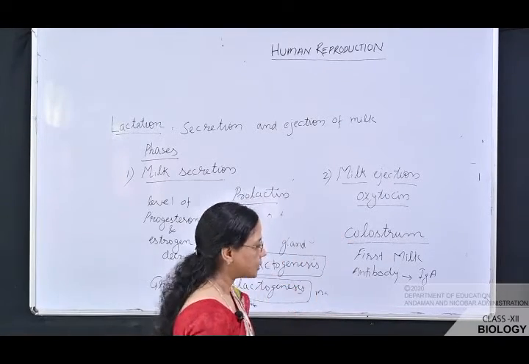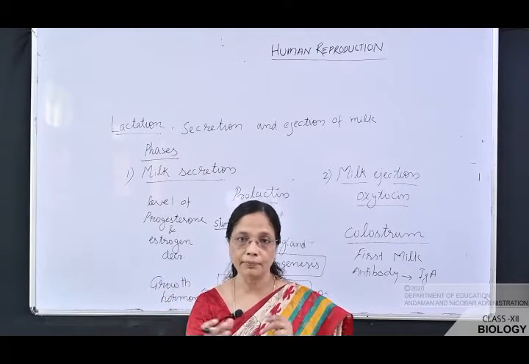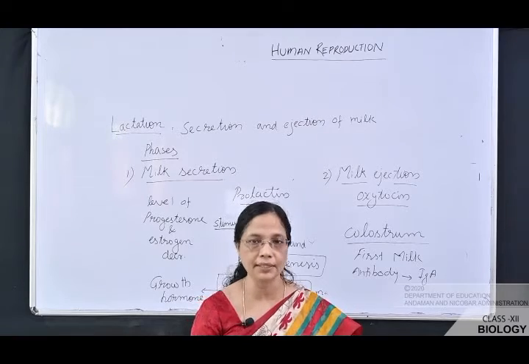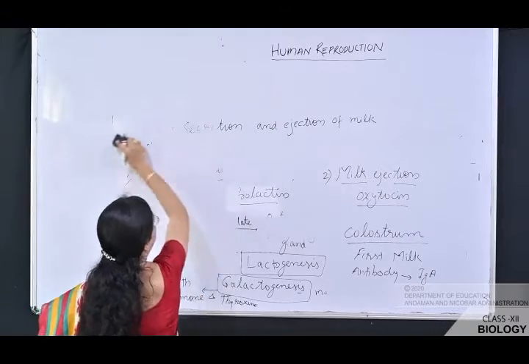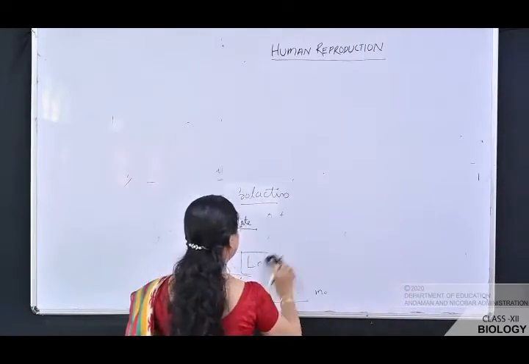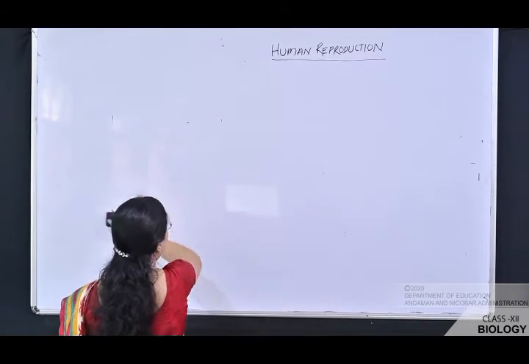Okay, next, how is the sex of the baby determined? Who is responsible for determining the sex of the baby? The sex of the baby is determined by the male. Why? Male has a character of heterogamety. What do you mean by heterogamety?